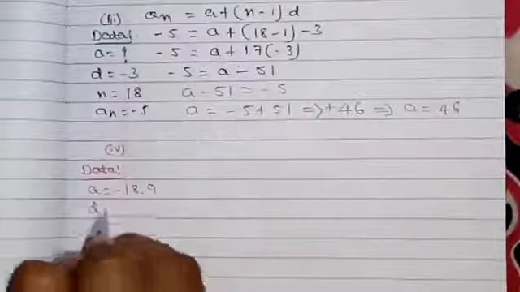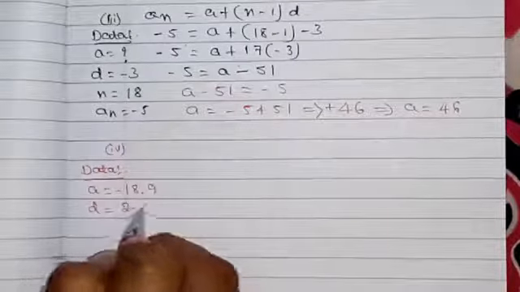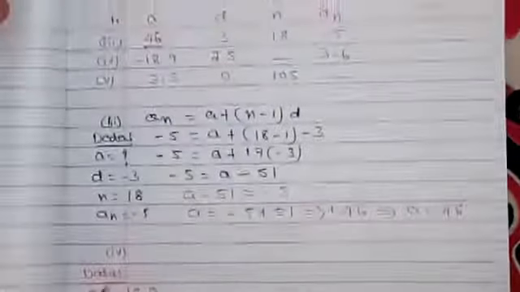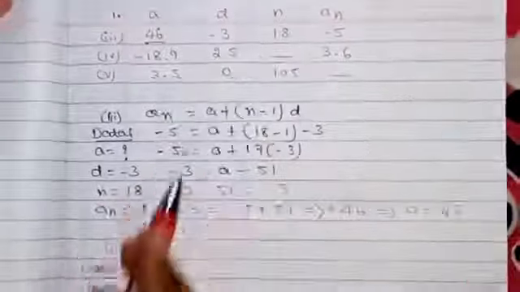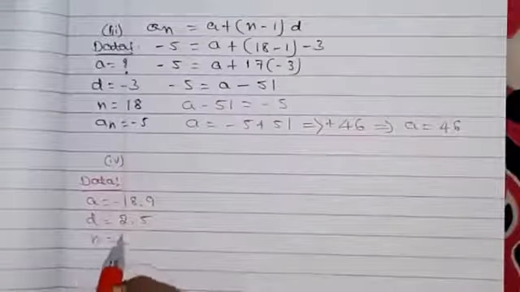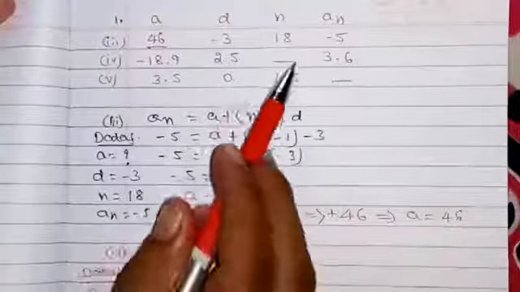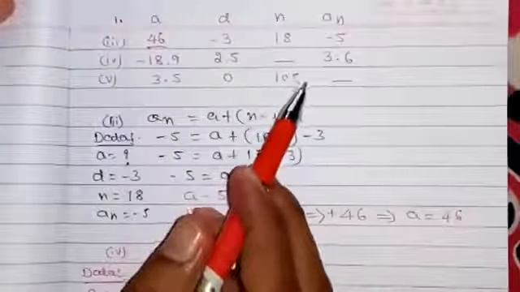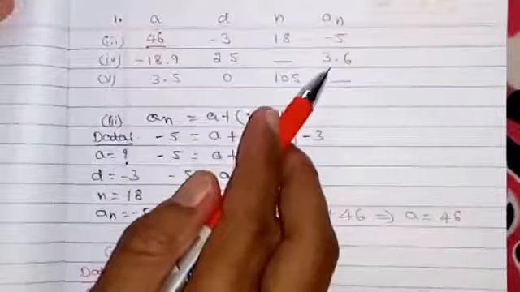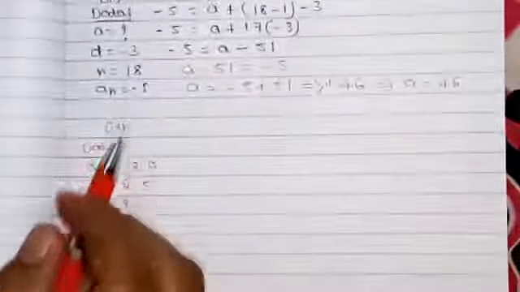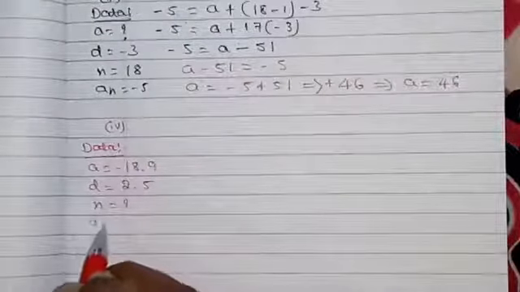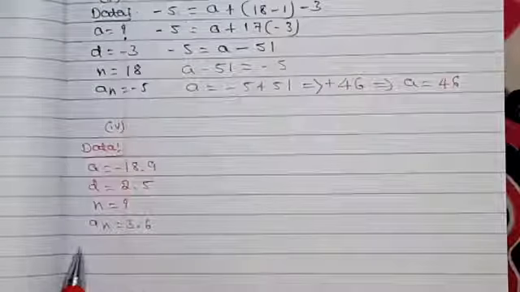So therefore d is equals to 2.5. And here you need to find the value of n. So therefore n is equals to question mark. Write down as usual how they have given, and if they are asking n, then n is equals to question mark in the data, right? So next, the an they have given is nothing but 3.6. So therefore an is equals to 3.6, right children?